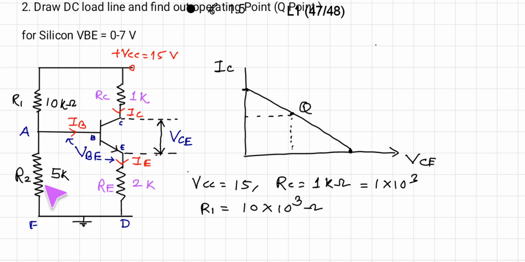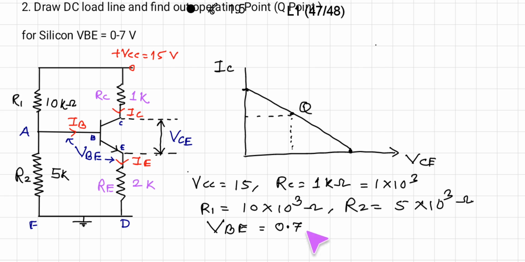Then R2 is 5 kilo ohm. R2 is equal to 5 into 10 raised to 3 ohm, and as it is a silicon transistor, voltage across base emitter, that is VBE, is equal to 0.7 volt. So these things are given.